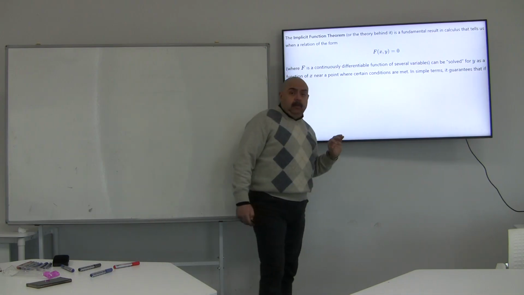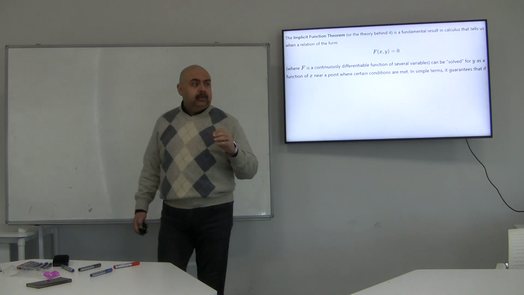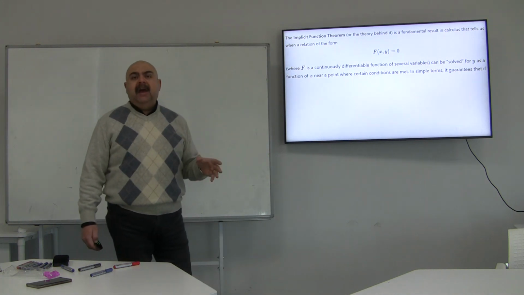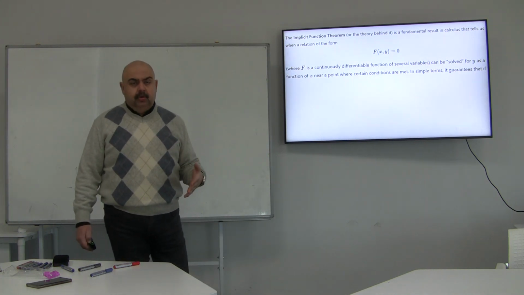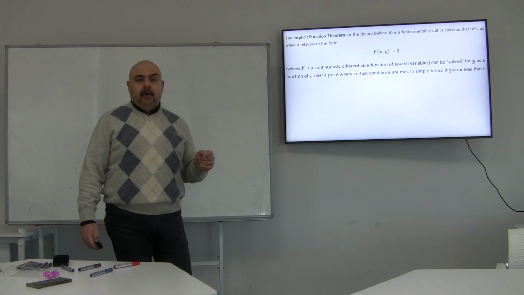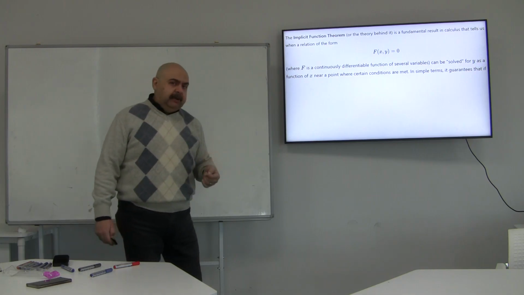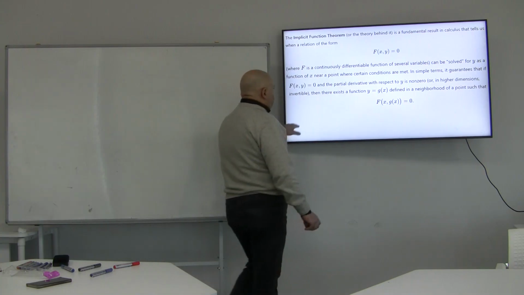In order to be able to get an implicit function, or to get y as a function of x, the derivative of f with respect to y shouldn't equal 0. That's what's stated here.